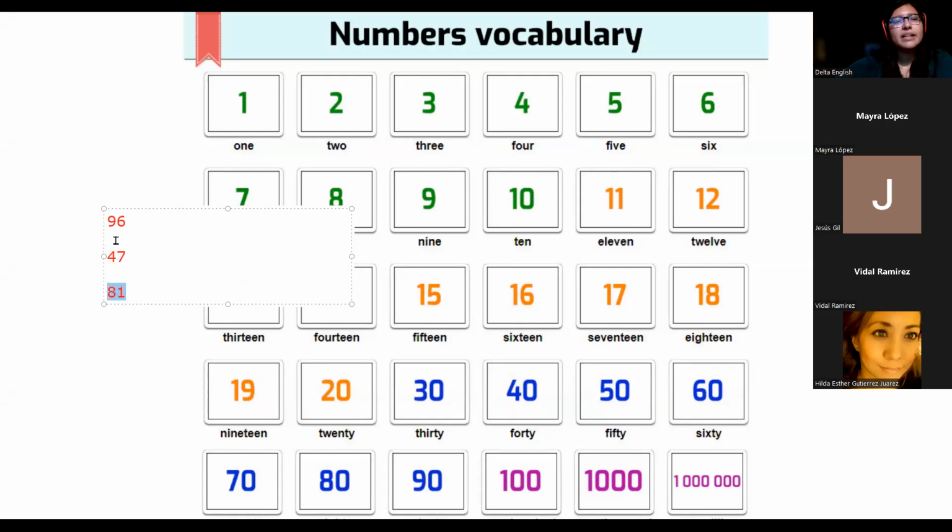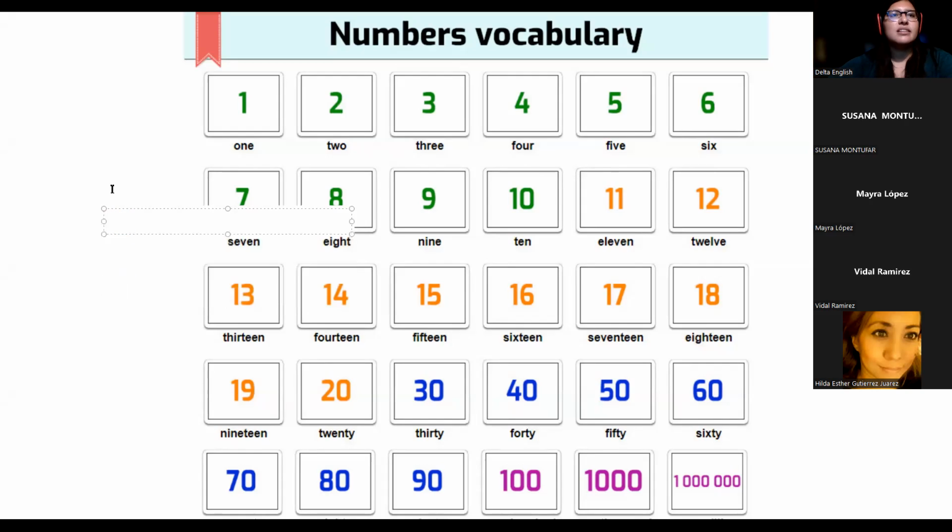Excellent. So once we get to, after 99 comes 100. So for hundreds, we're basically going to do the exact same thing. We're going to take the first 9 numbers and we're just going to add the word 100.